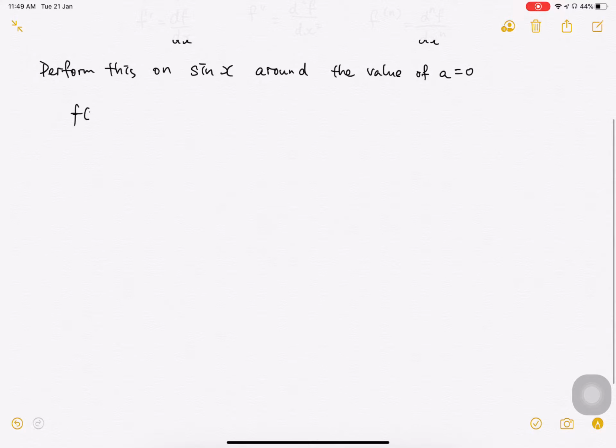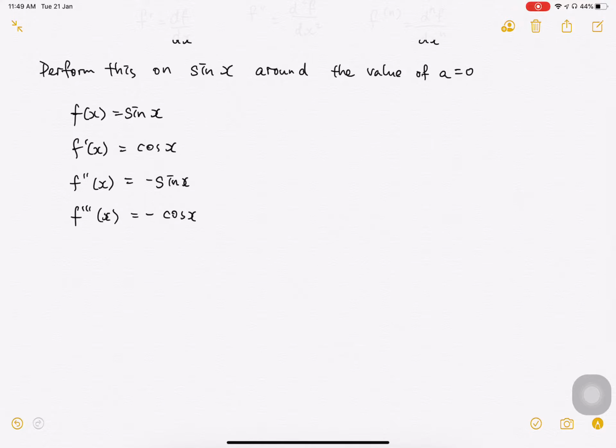We know that f(x) is sine x, and we differentiate it 1 time, and it's cosine x, and differentiate it 1 more time, it will be minus sine x, and then 3 times it will be minus cosine x, and the 4th time it will go back to sine x again.